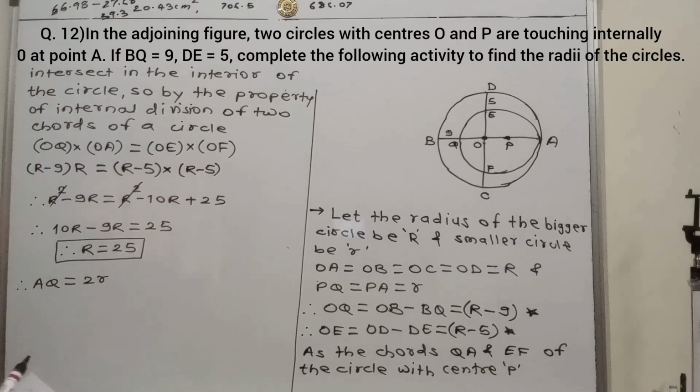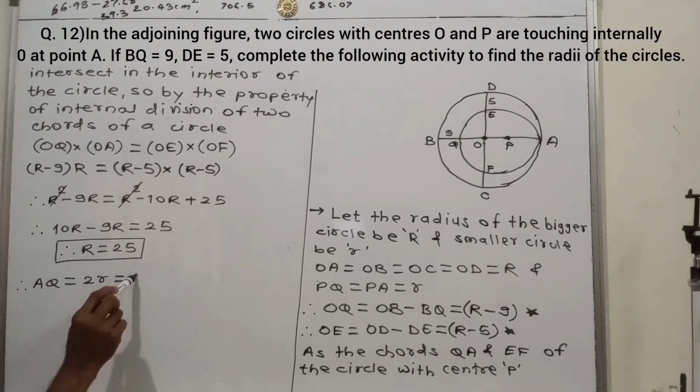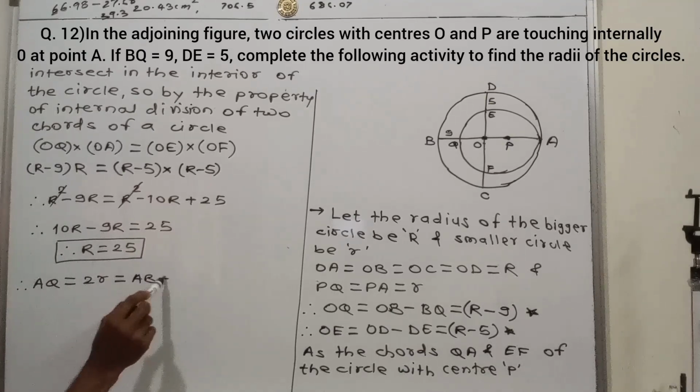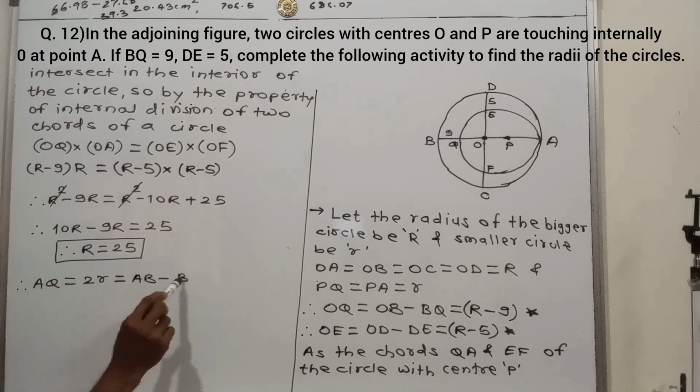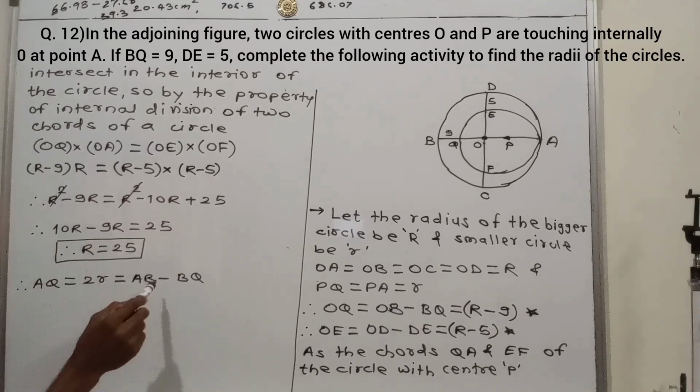AQ is equal to 2r is equal to AB minus BQ. AB, see there, AB diameter of bigger circle minus BQ 9.